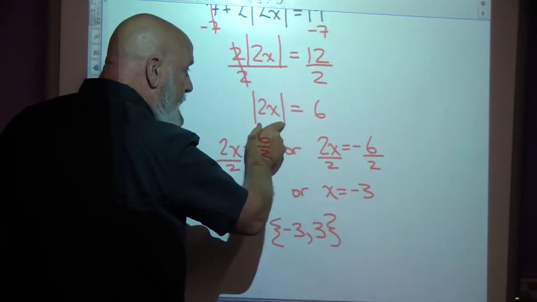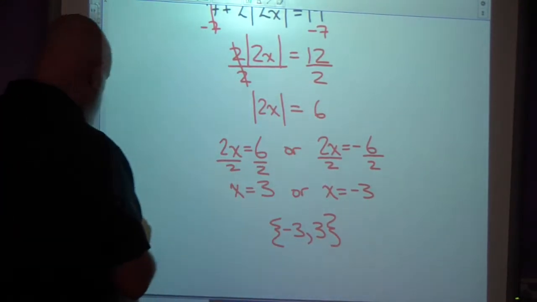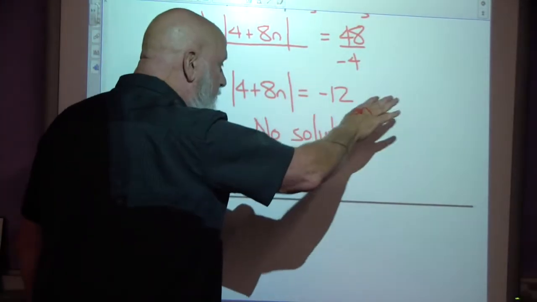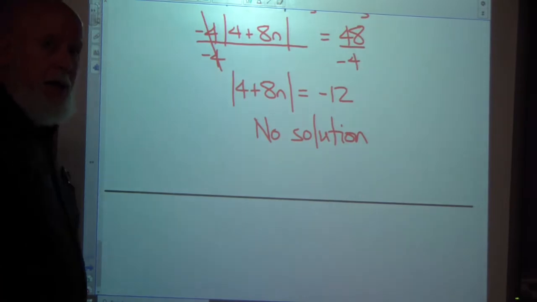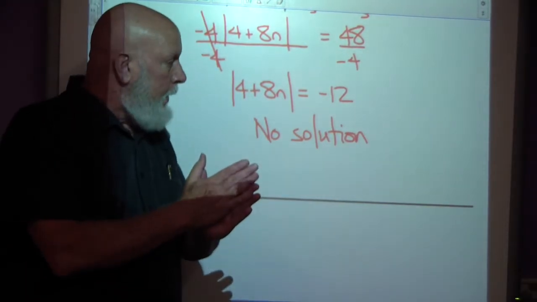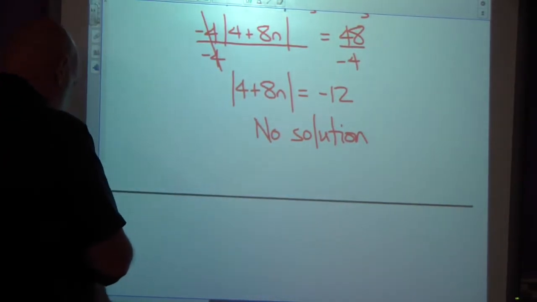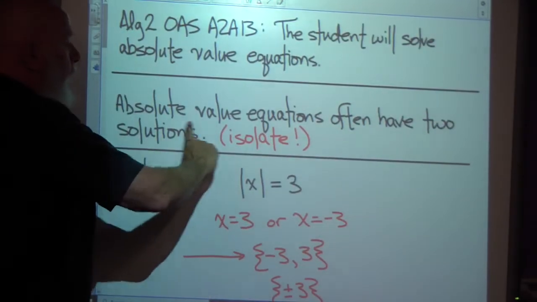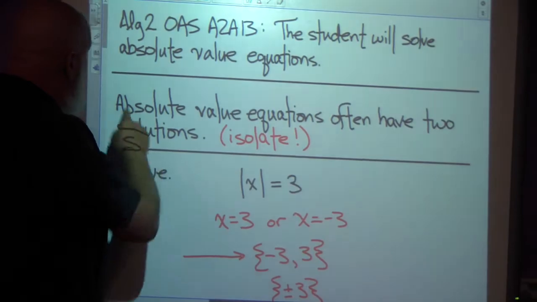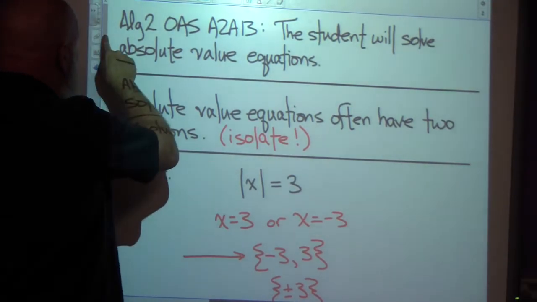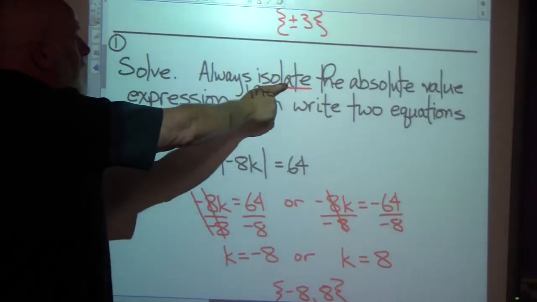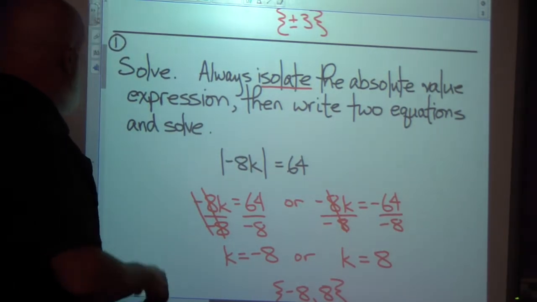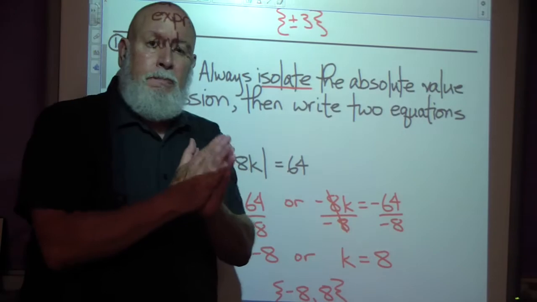The absolute value of -6 is 6. But if I say that the absolute value itself is negative, you can stop, say no solution. Okay? That's a brief introduction to solving absolute value equations. And remember to isolate before you write your 2 equations. Always isolate before you write 2 equations. Okay? Best of luck.